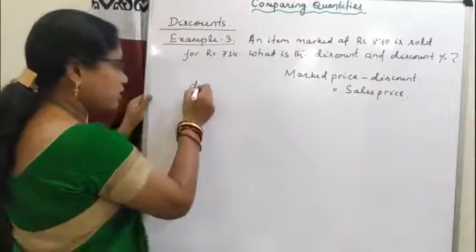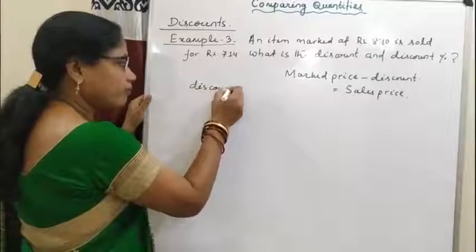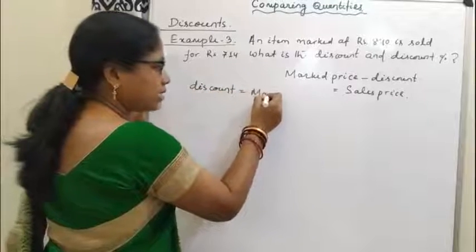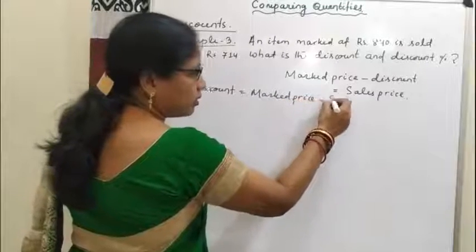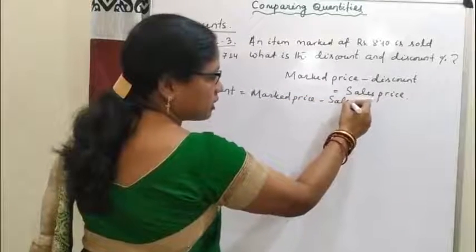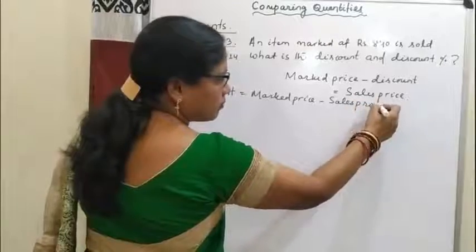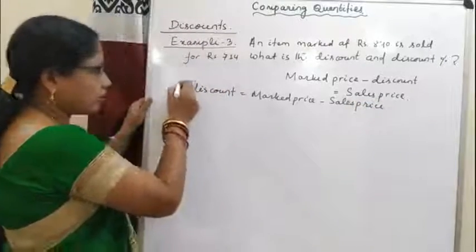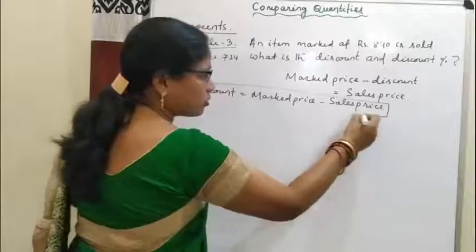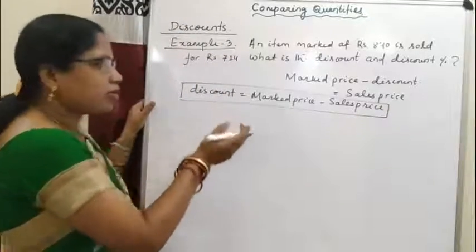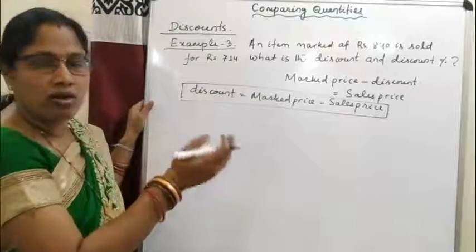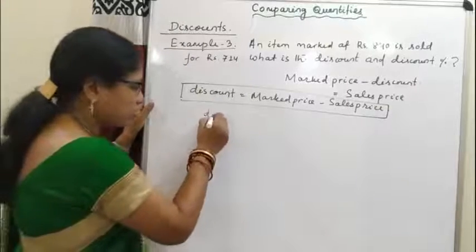That means discount is equal to mark price minus sales price. You have to remember this: discount is calculated on mark price.